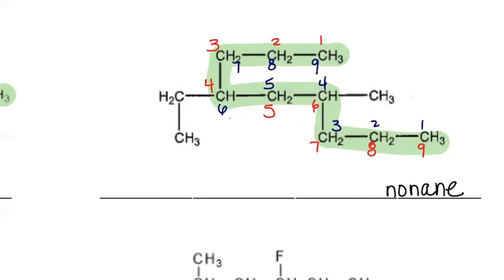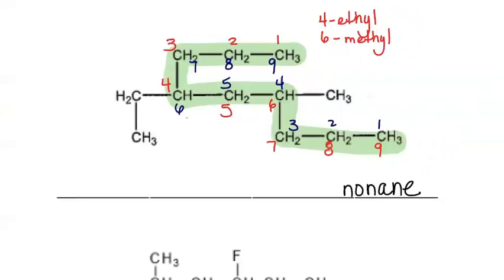So in the red arrangement, I have 4-ethyl, 6-methyl, but in the blue one, I have 4-methyl versus 6-ethyl.